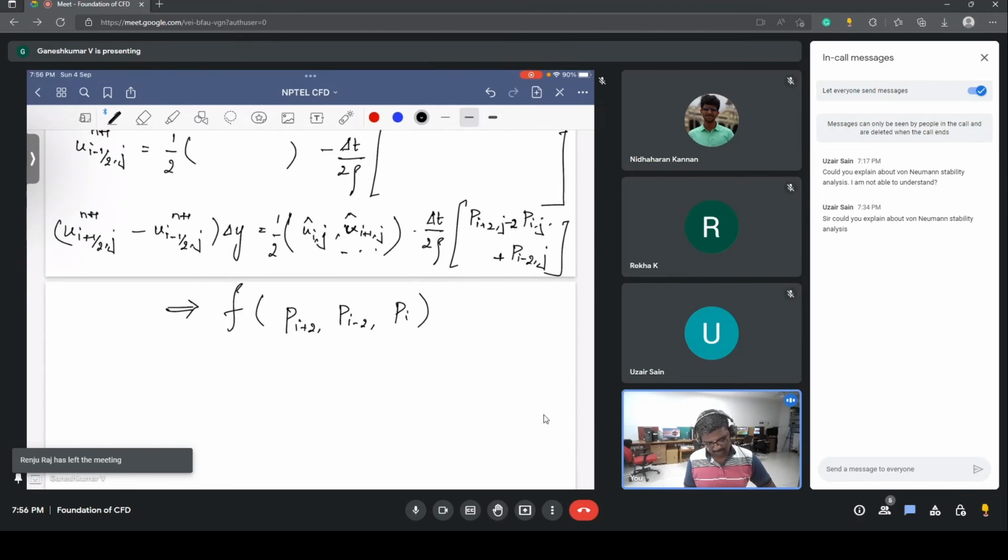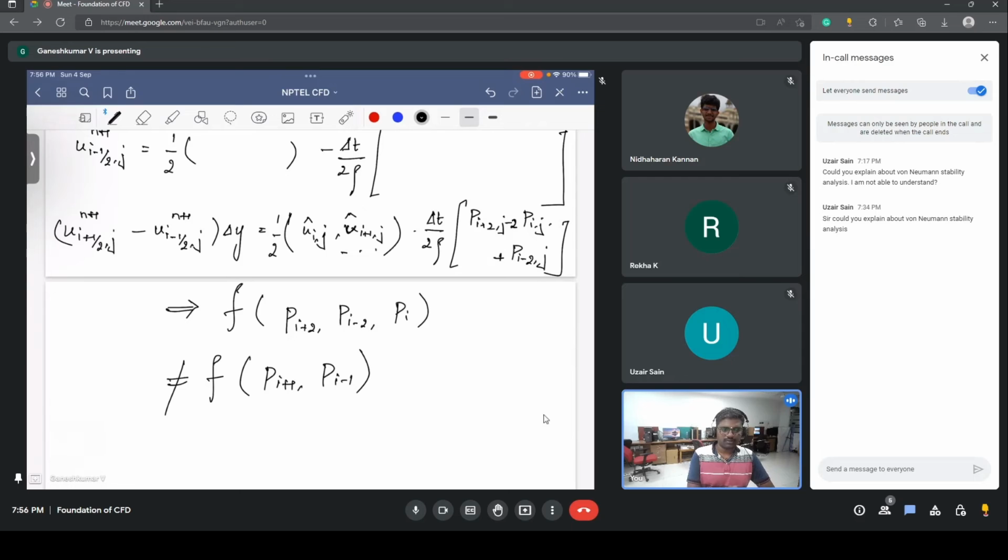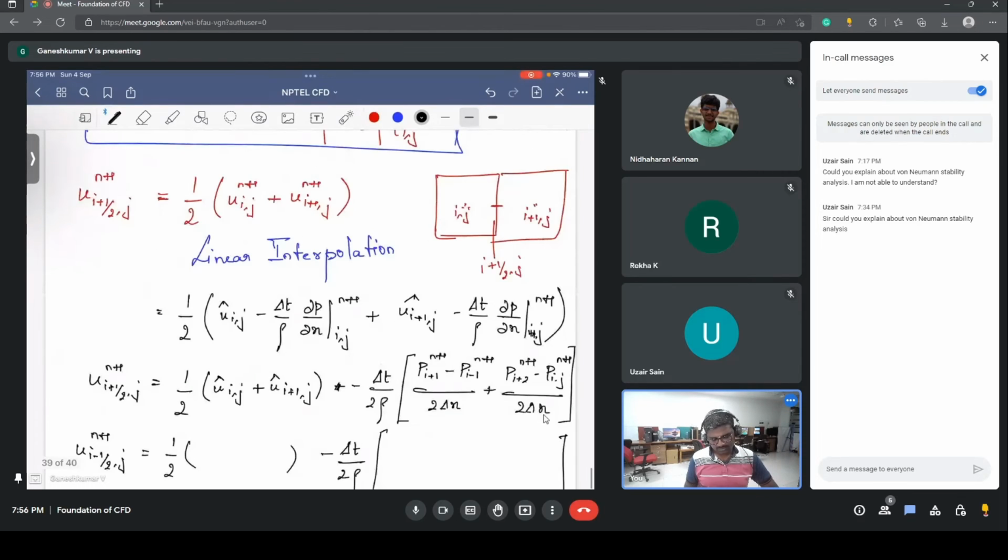So this is not a function of i plus 1 and i minus 1, which doesn't make sense, right? Because the flow is coming into the control volume i comma j, which means there is a pressure gradient from i plus 1 to i. If you are not taking that into account, then whatever solution you predict would be wrong. That's why this pressure gradient is wrong.